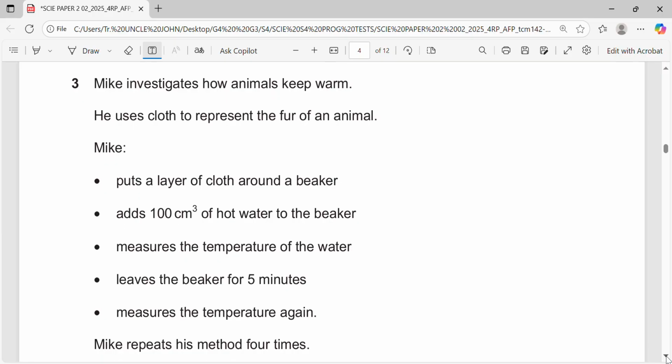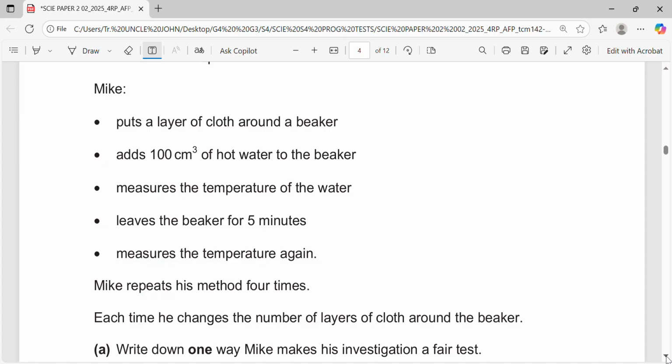Mike puts a layer of cloth around a beaker, adds 100 cubic centimeters of hot water to the beaker, measures the temperature of the water, leaves the beaker for 5 minutes, measures the temperature again. Mike repeats this method 4 times. Each time, he changes the number of layers of cloth around the beaker.